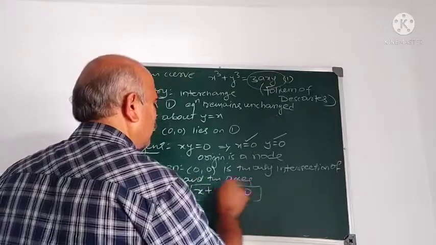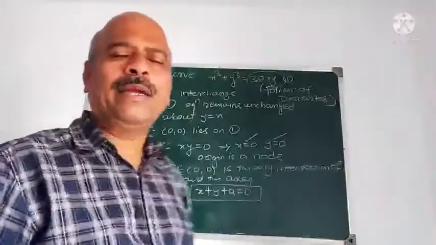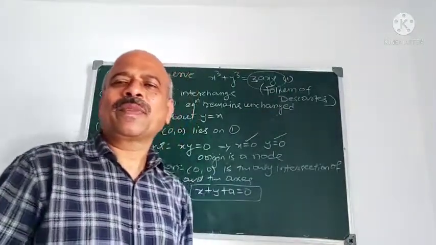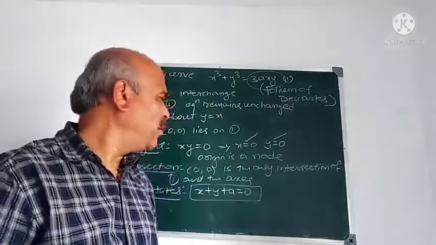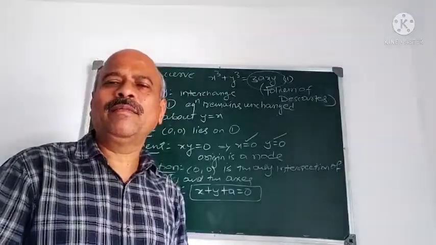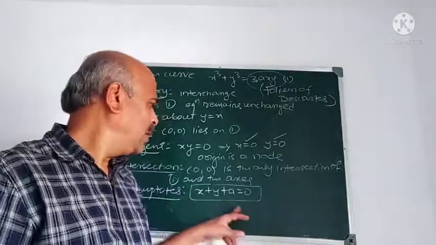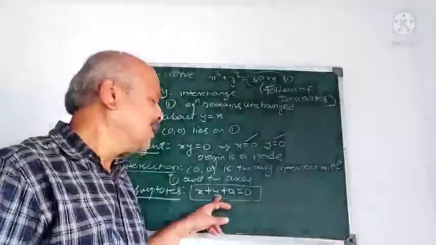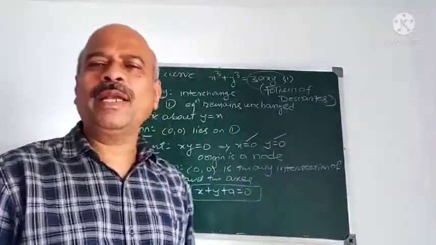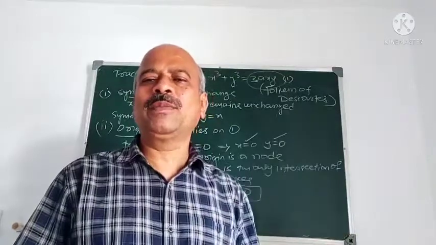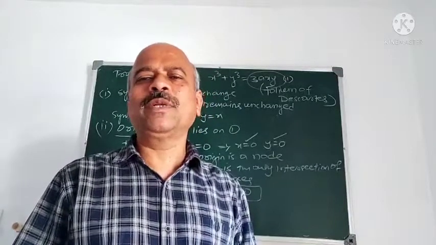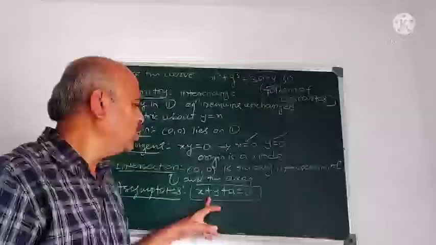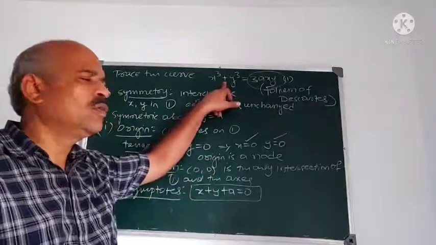And how did I come to know about this asymptote? I have not used any magic. Asymptotes is a separate topic that you have studied in the first paper, and there you have obtained the equation of the asymptote for this curve.